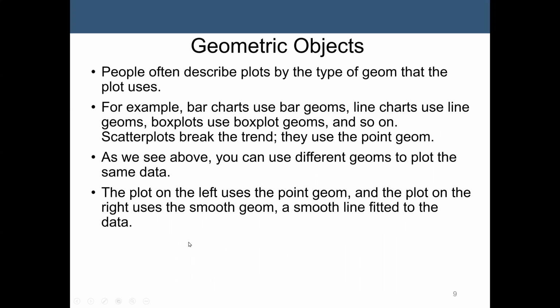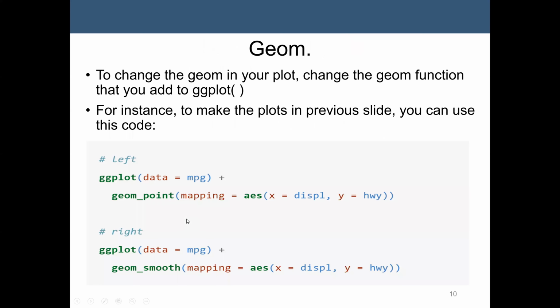So we can use different geometric objects to plot the same data, and we'll see an example soon. To change the geometric object in your plot, change the geom function that you add to ggplot. For instance, to make the plot in the previous slide, we can use this code here.